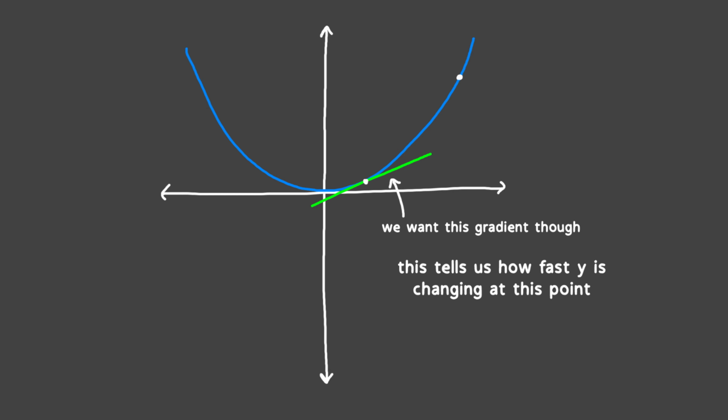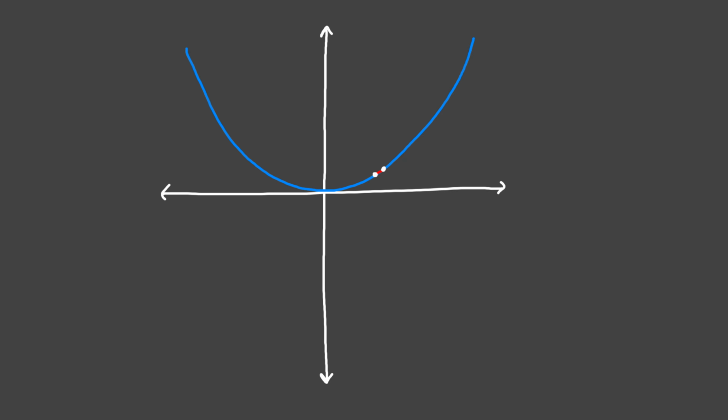How is the y value changing as x changes in that moment? So we now have to be really careful about what 2 points we pick. Ideally, we want to pick 2 points that are really, really close to each other, because in between those points, we want it so that the gradient doesn't really change. Because if the gradient changes, then we're not really finding the true gradient value, we're finding a secant line gradient.